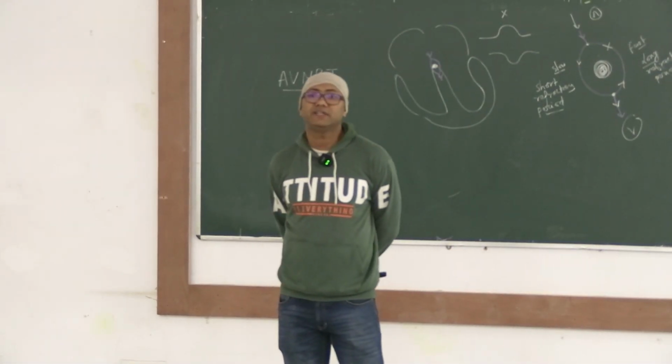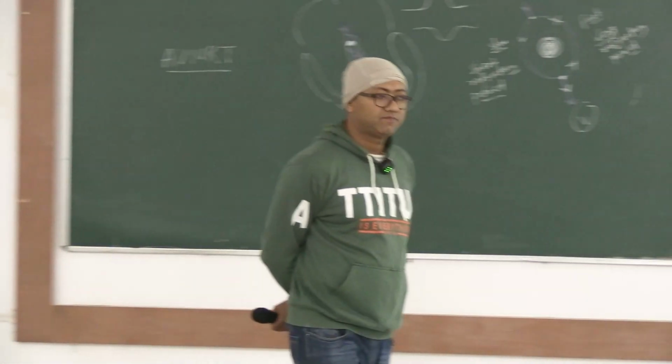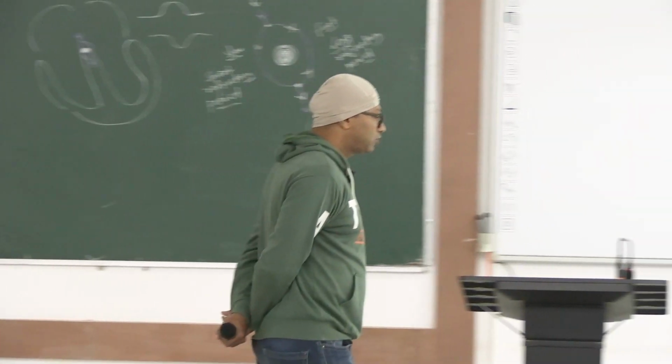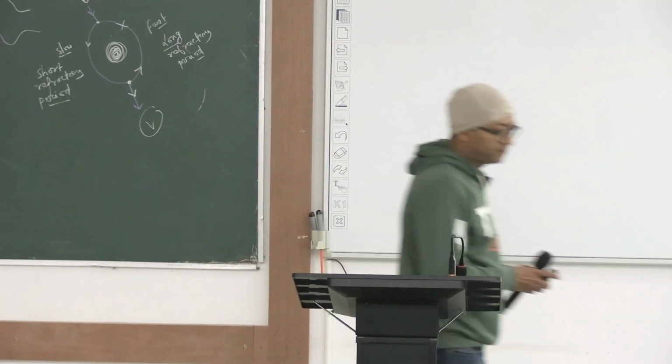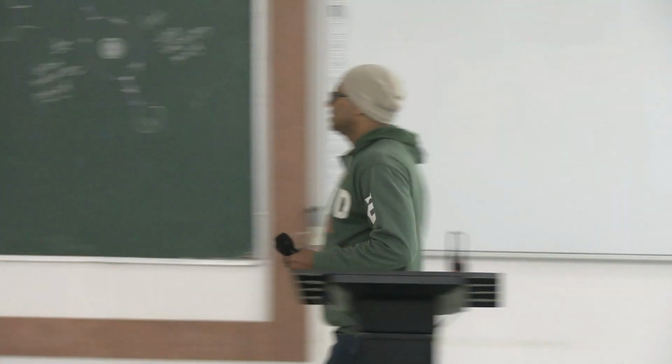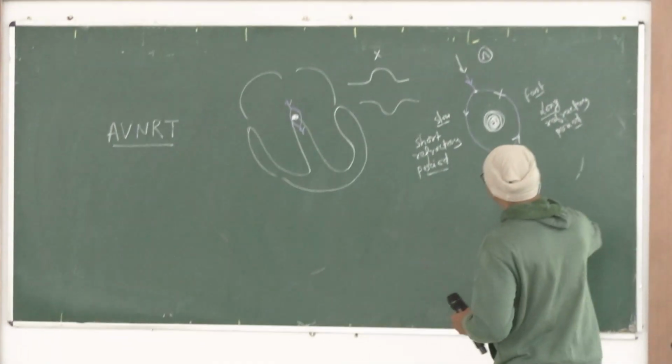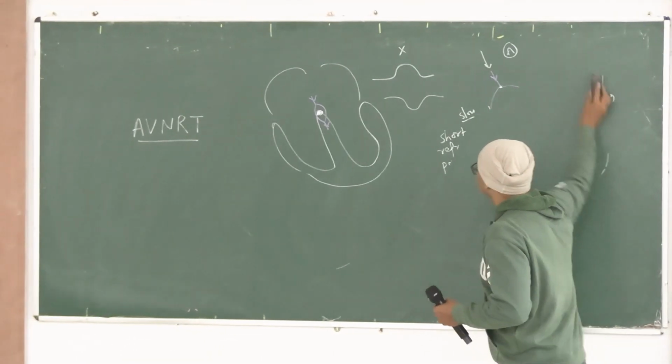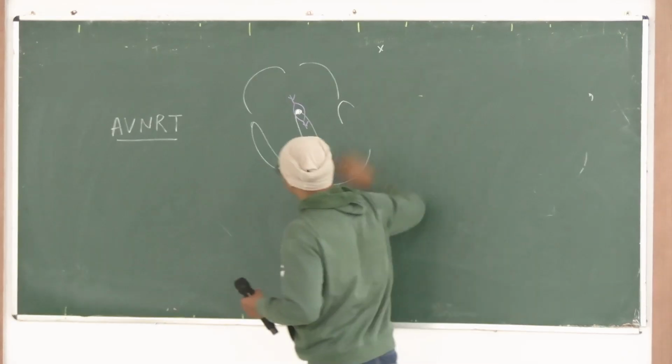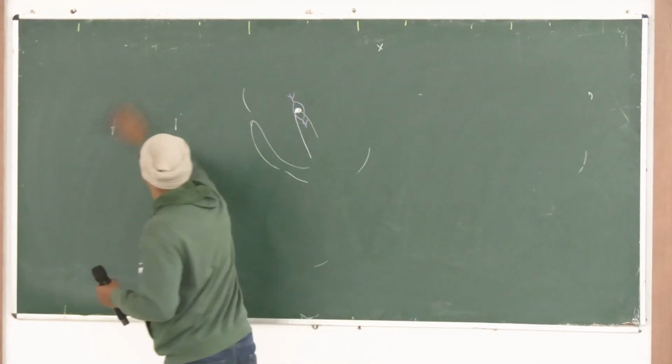That means the circular fiber is located around the AV node, right. Do not look at the picture right now, you will not understand. So it is a circular fiber present around the AV node, but the circular fiber may be big enough, right.